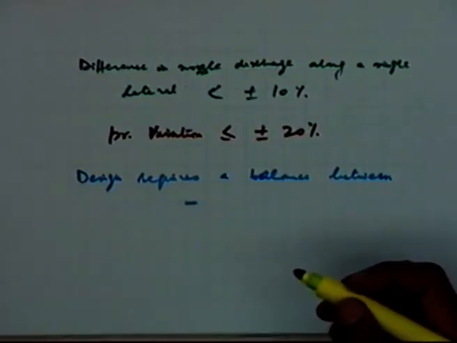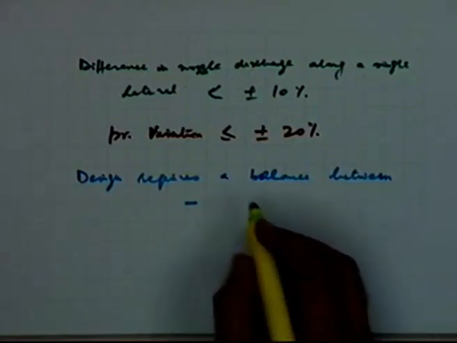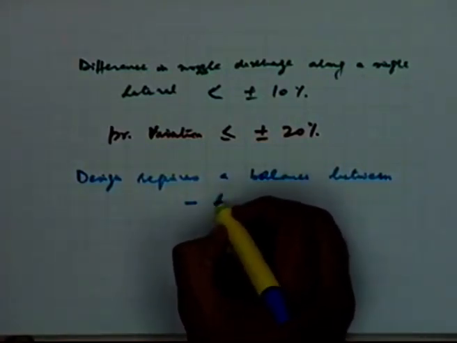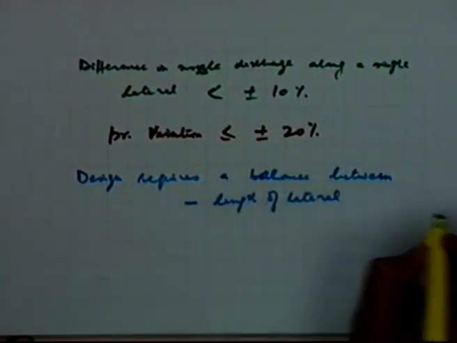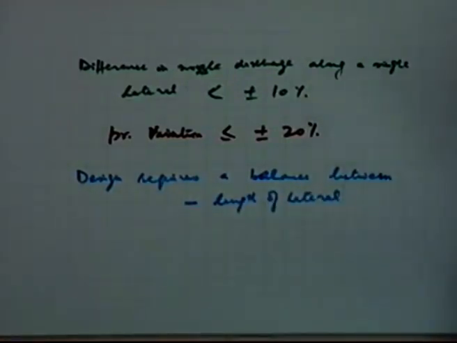You have the choice to adjust the length of the lateral, as if you find that the variation is becoming large, you can reduce the length of the lateral. That's one option.